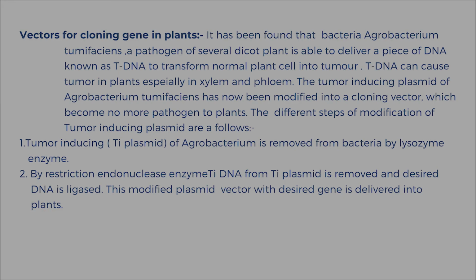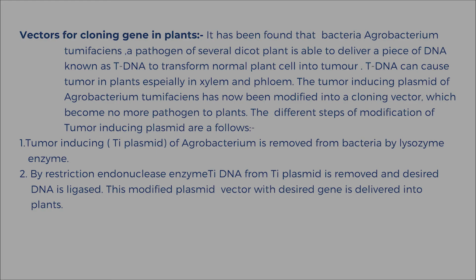It has been found that Agrobacterium tumefaciens, a pathogen of several dicot plants, is able to deliver a piece of DNA known as the TI DNA to transform a normal plant cell into a tumor. TI DNA will cause a tumor in the dicotyledonous plants.